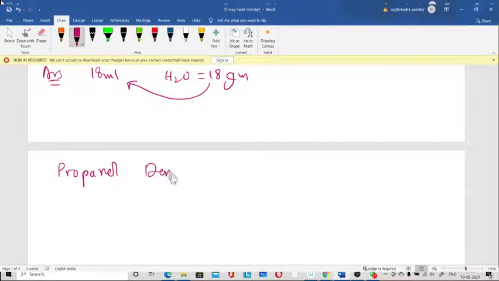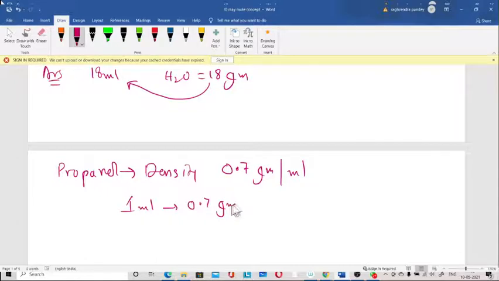Propanol has a density of around 0.7 approximately, I am not sure. Let's take density 0.7 gram per ml. It means that in 1 ml it has 0.7 gram.